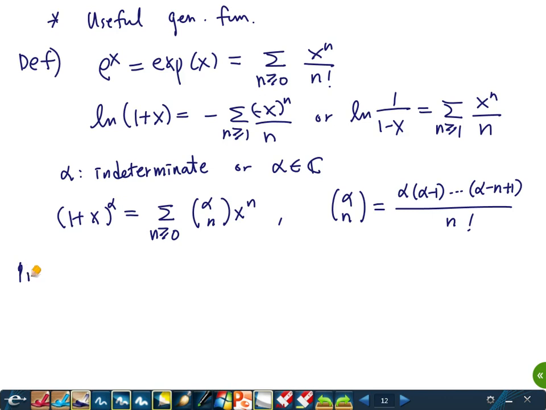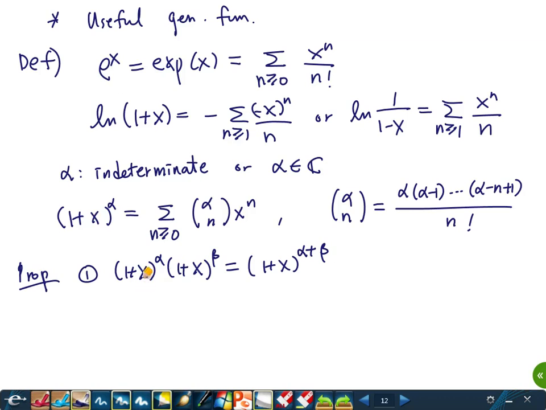And we have many properties of this. 1 plus x to the alpha times 1 plus x to the beta is equal to 1 plus x to the alpha plus beta. So this is comparable with the usual power function. You have to remember that this is not a trivial thing.